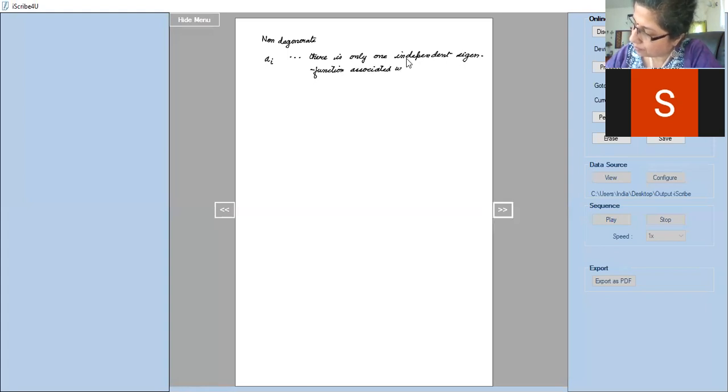So this is the first statement: there is only one independent eigenfunction that is associated with it.